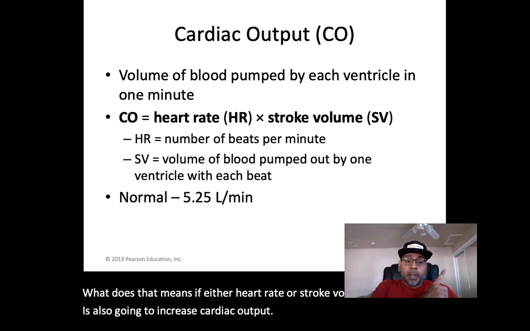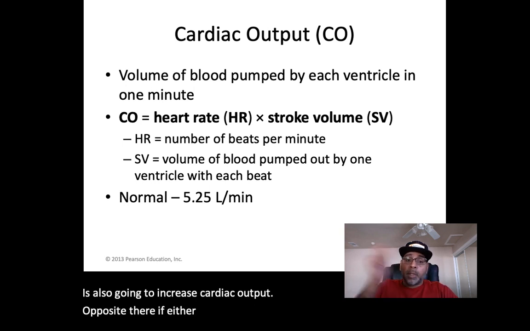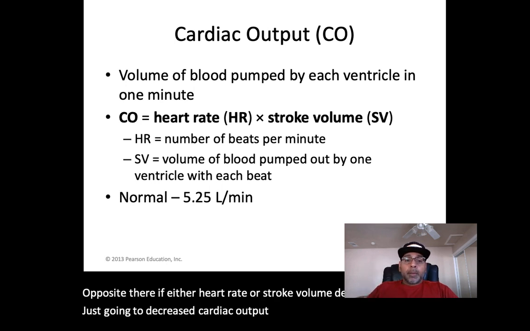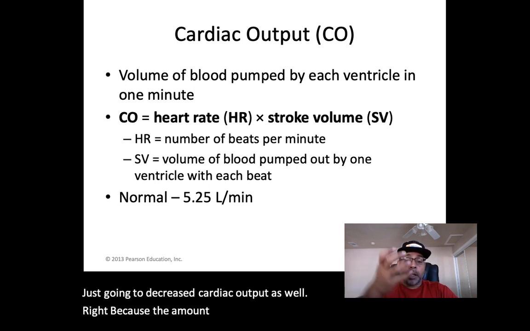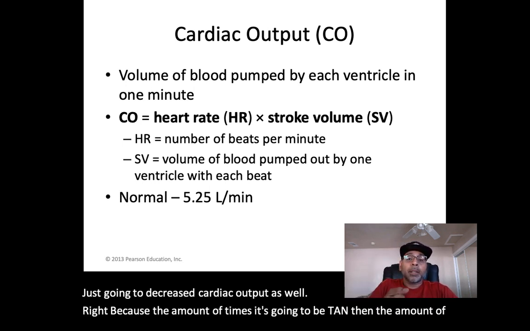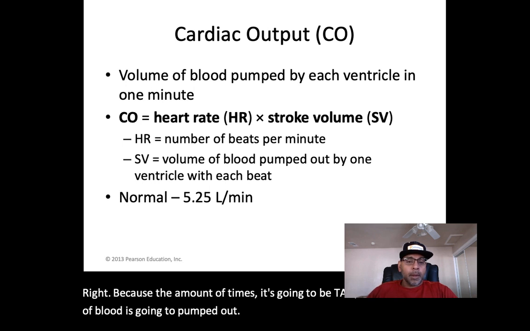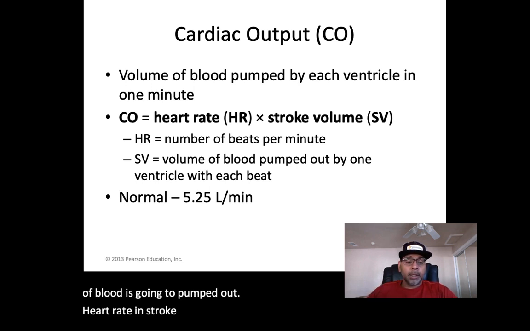Opposite there, if either heart rate or stroke volume decreases, this is going to decrease cardiac output as well. Right? Because of the number of times it's going to beat and the amount of blood it's going to pump out. Heart rate and stroke volume are the two factors involved in measuring cardiac output.